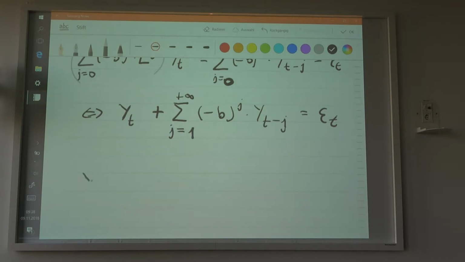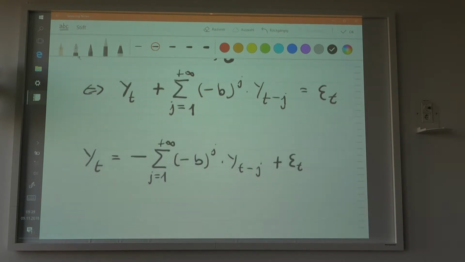So what you have here is yt, and this is equal to the negative of the sum of negative b to the power of j, for j equal to 1 to plus infinity, of yt minus j, plus the noise.